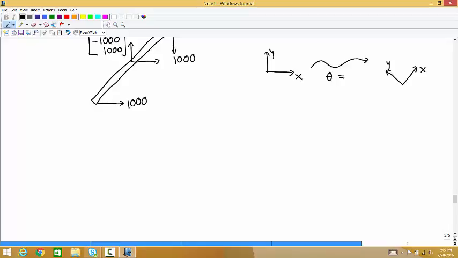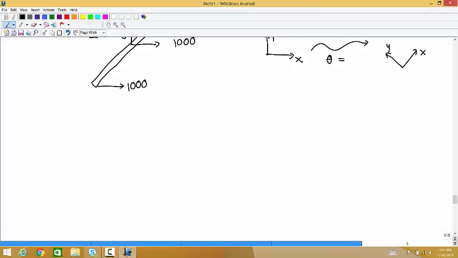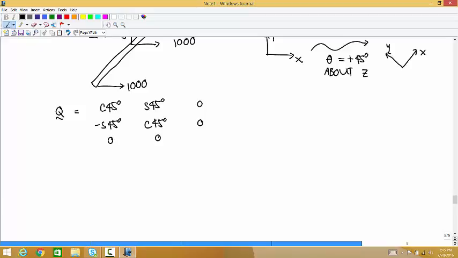Positive or negative? Positive, yep. And about what axis? So for that, the rotation matrix is cosine of 45, sine of 45, 0. Negative sine of 45, cosine of 45, 0. 0, 0, 1.